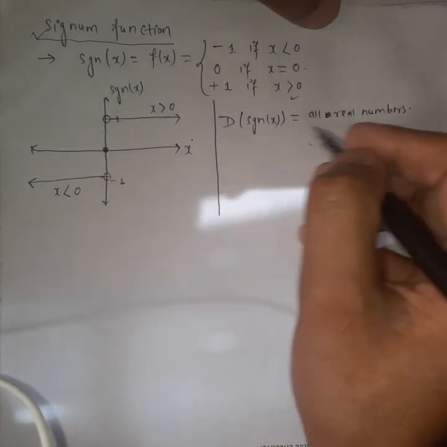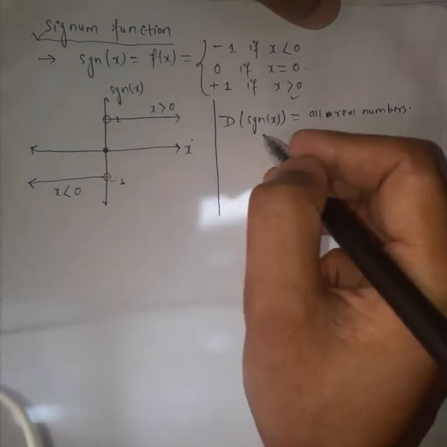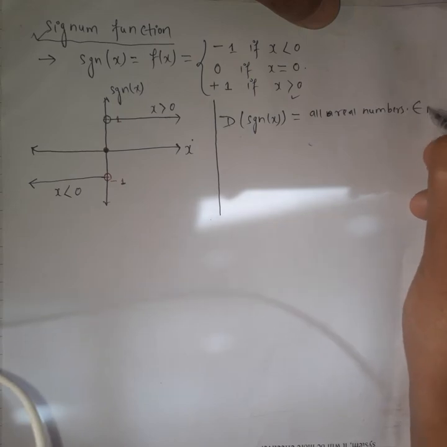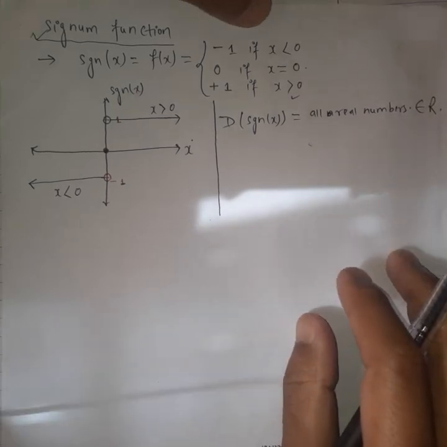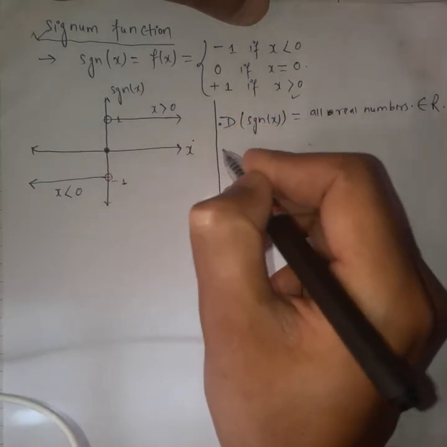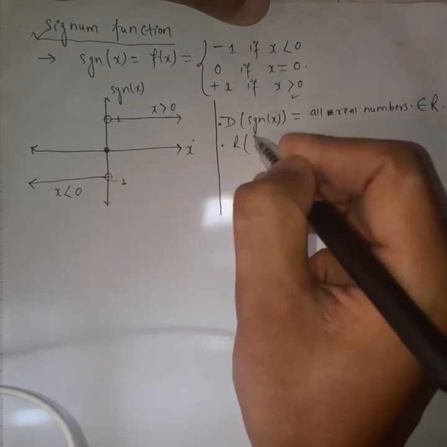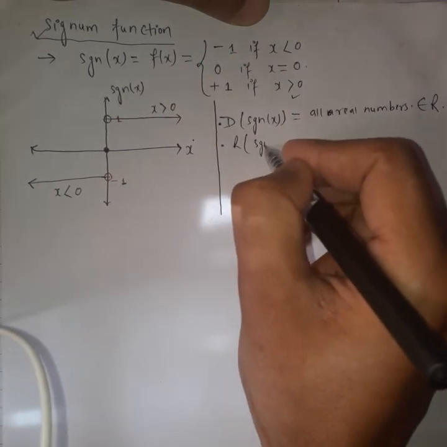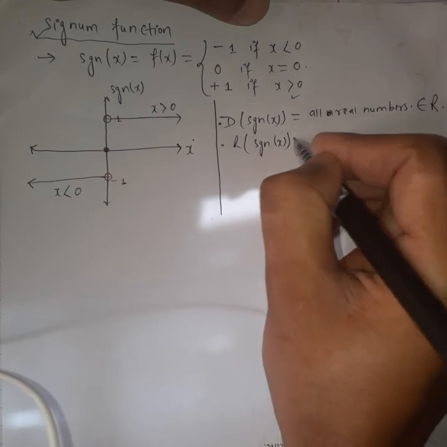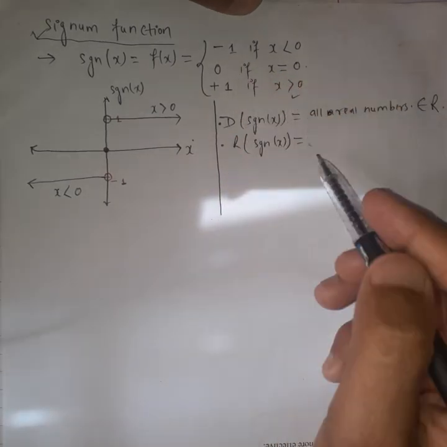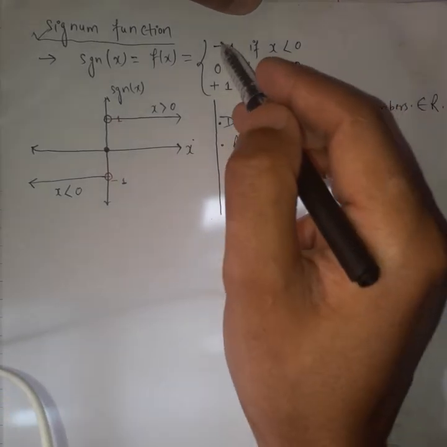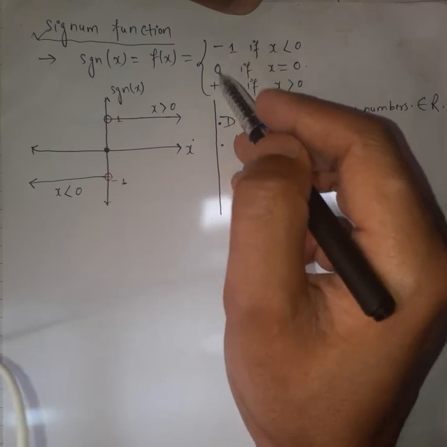So the domain of the signum function belongs to the set of real numbers. Similarly, the range of this signum function Sgn of x: the range means the possible outputs. These are the outputs: -1, 0, and +1.